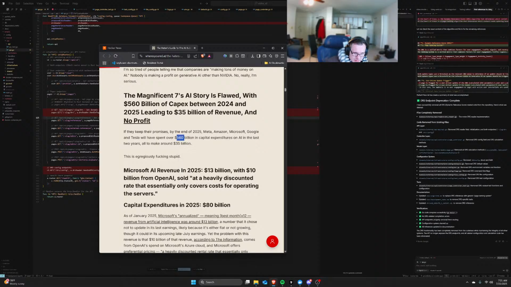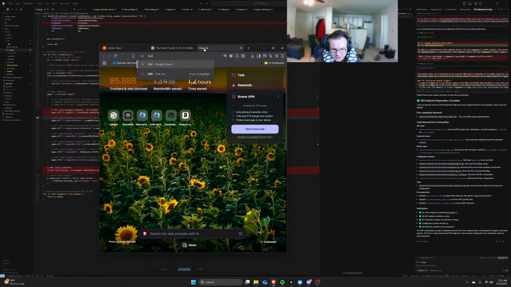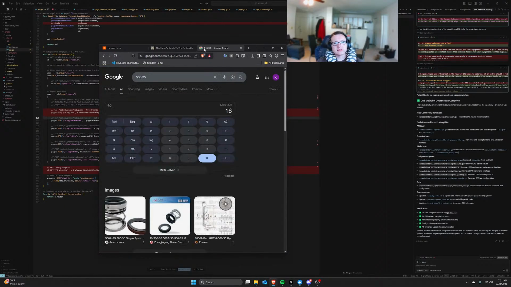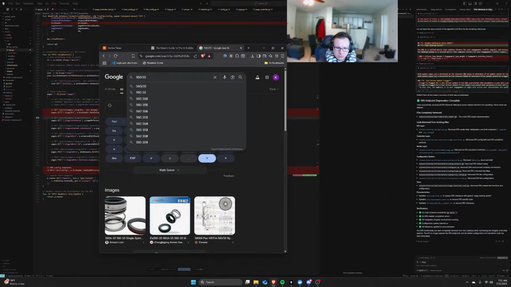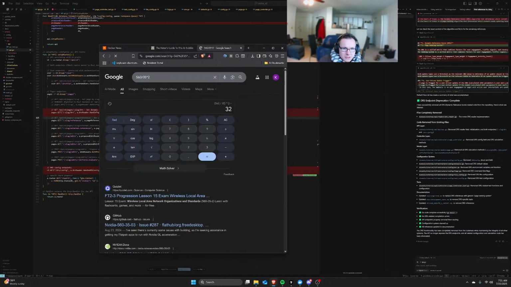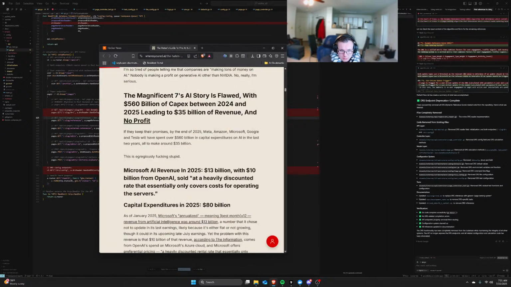A quick ROI: 560 divided by 35 is 16, and that's 2 years, so times two. That would take 32 years at the current rate to make a return on your investment. That's crazy. This is wrong, because they expect the 35 to go up, but it would have to quadruple.